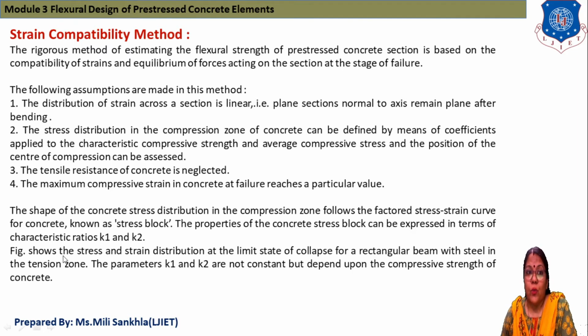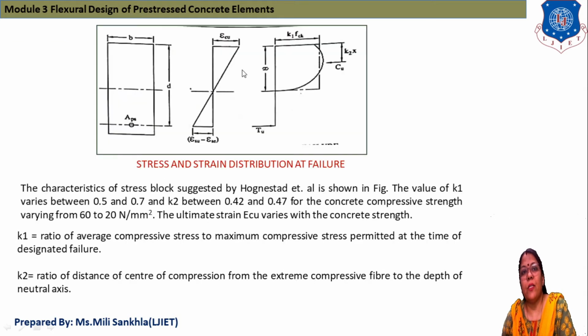The figure shows the stress and strain distribution at the limit state of collapse for a rectangular beam with steel in the tension zone, and the parameters K1 and K2 are not constant but depend upon the compressive strength of concrete. This one is the stress block, we can say stress diagram and strain diagram. K1 and K2 are factors that depend upon the compressive strength of concrete.